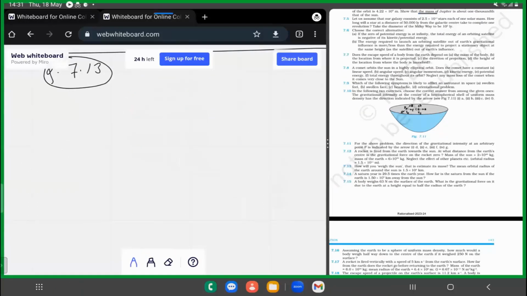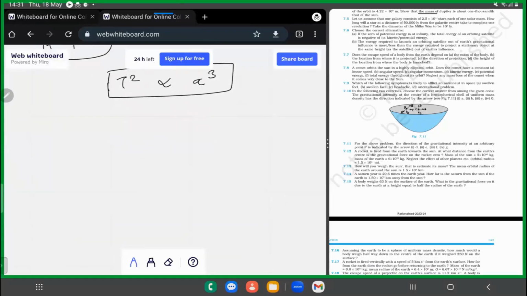If you are familiar with Kepler's law of motion, it says that the square of the time period of revolution of the planet is proportional to the cube of the semi-major axis. So if we consider the Earth and Sun system, let's expand this formula completely at first.